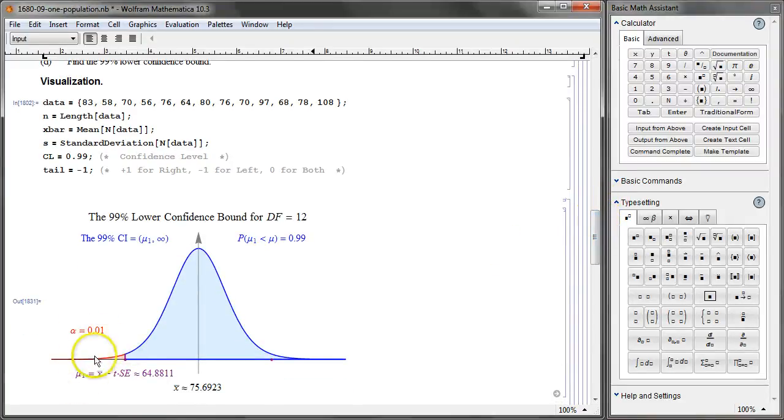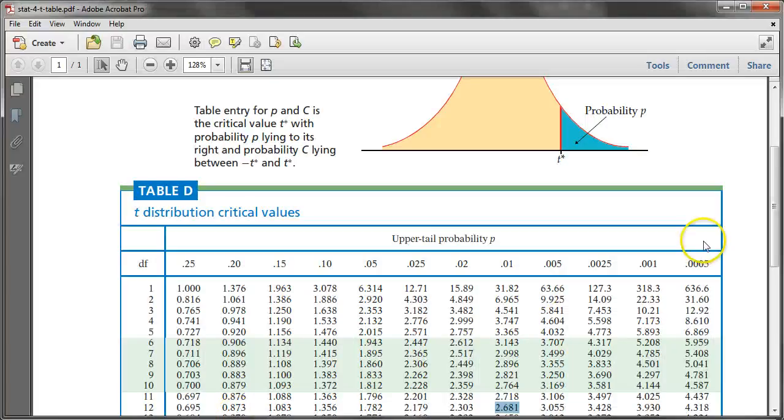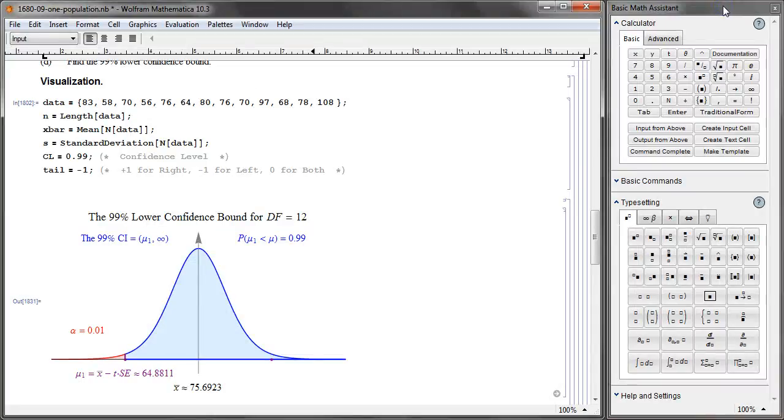Well, this left-hand side is 1%, but then again, we don't have left-hand side shading in this t-table. So what do we do? Look up the appropriate number to the right, and then simply take the negative of t because of the symmetry, and it works out. The detail is left to the students.